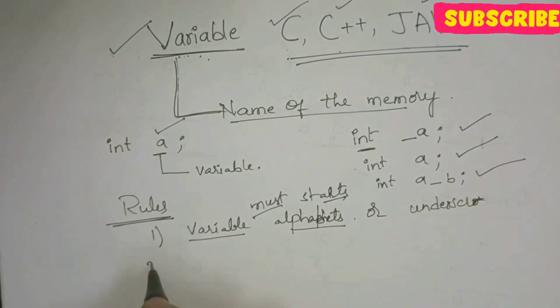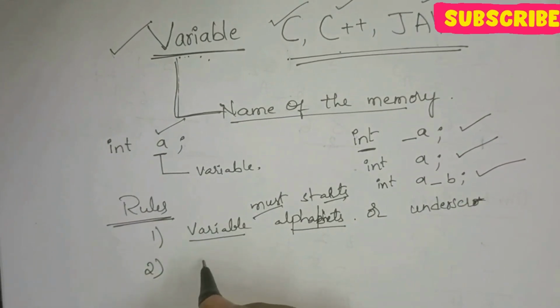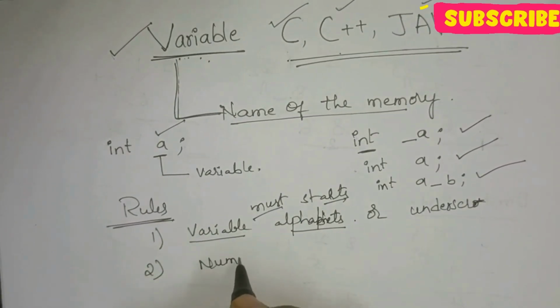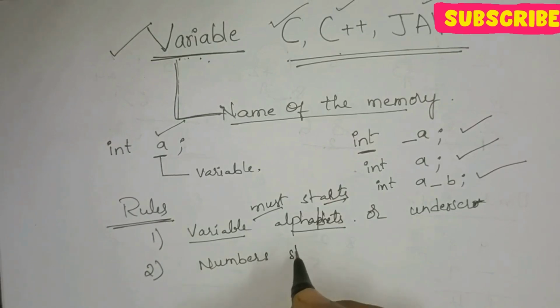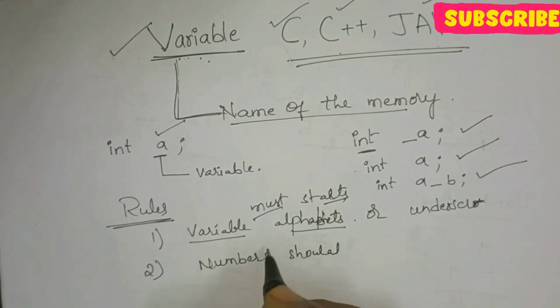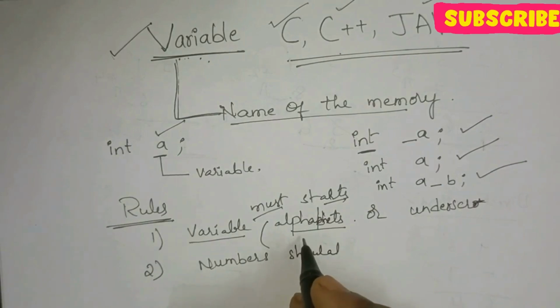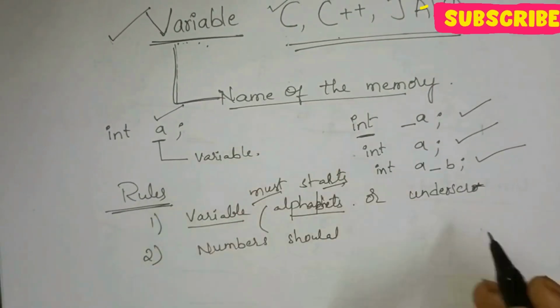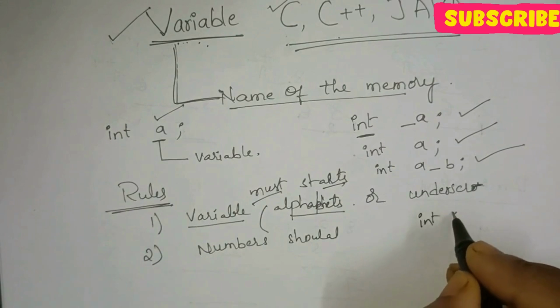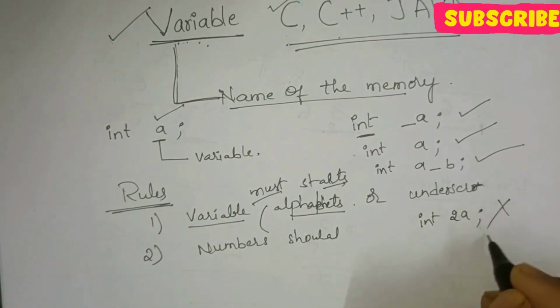The second rule: it should not start with a number. Numbers should not come first, because we already have a rule that it should start with an alphabet. For example, int 2a is invalid.